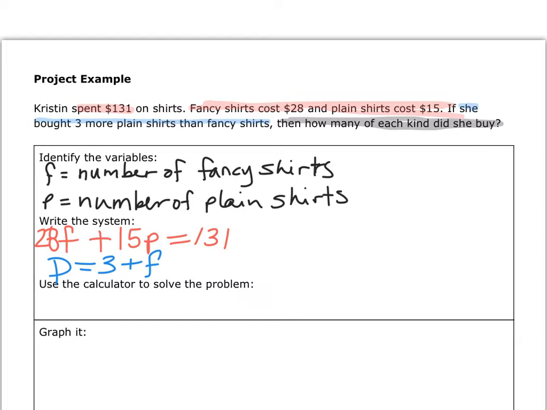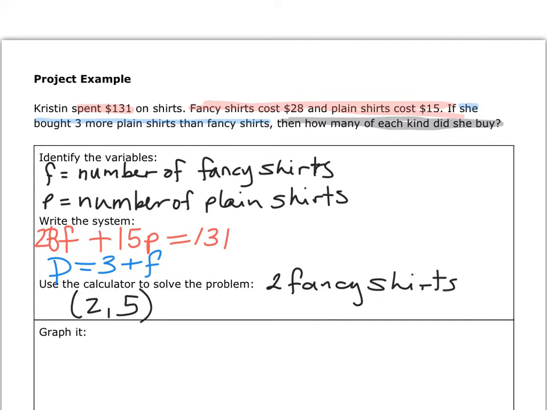So I used my calculator to solve the problem. My solution is 2, 5. So that tells me what? How many fancy shirts did I buy? So that's 2 fancy shirts. Oh wait, I wasn't buying those.